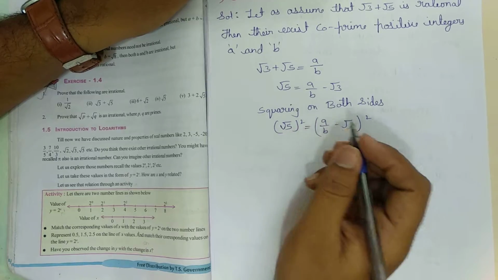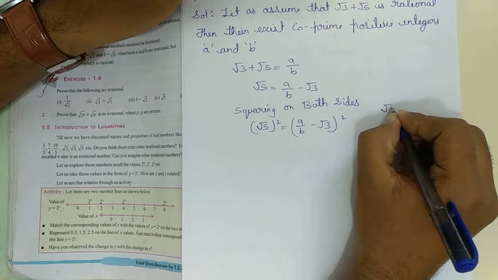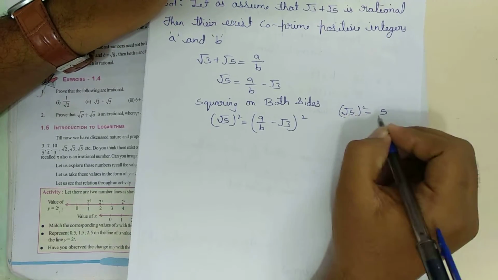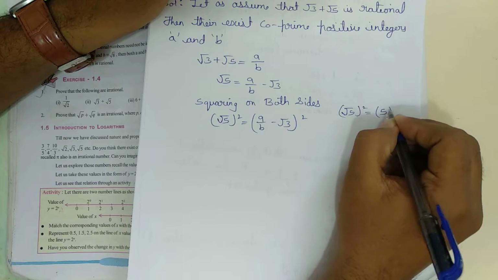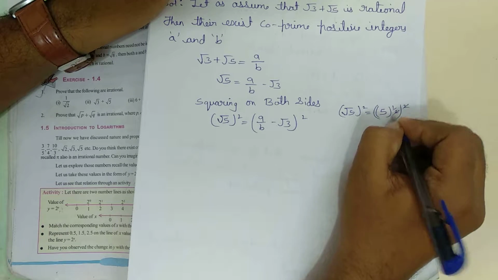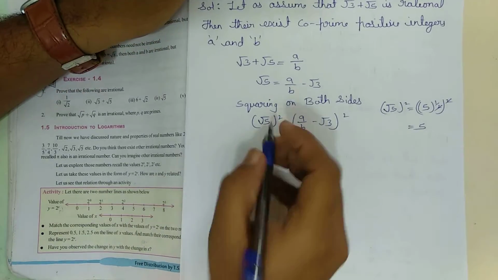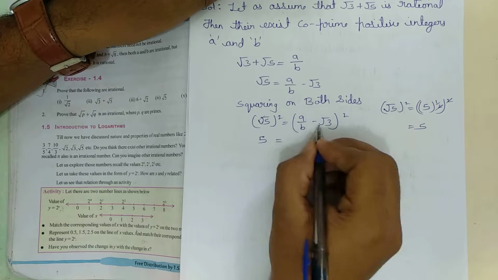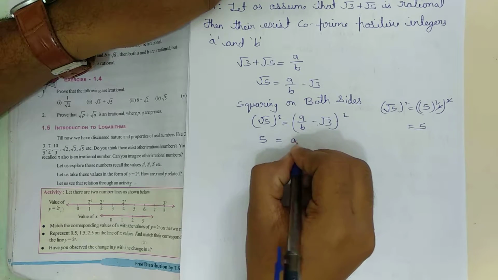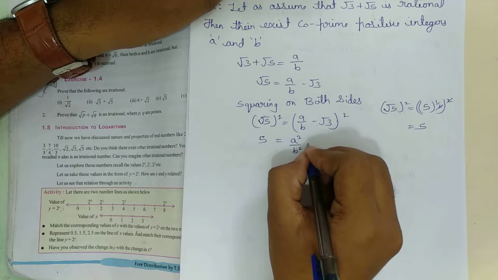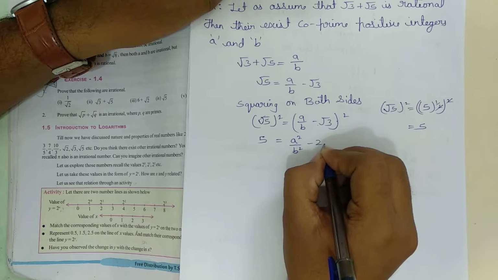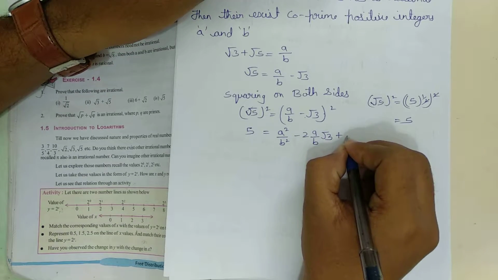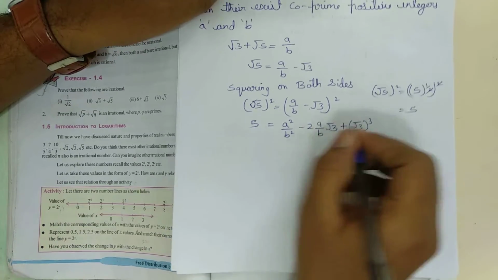Root 5 whole square will come to 5 as the answer. The square and the root will get cancelled, and 5 will be left here, and this is a by b minus root 3 whole square. So a square minus 2 times a and b plus b square, that is, root 3 whole square.